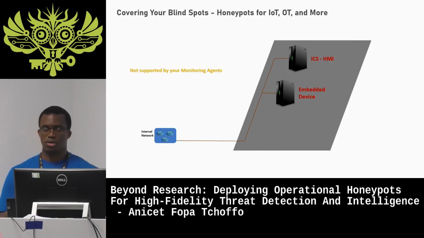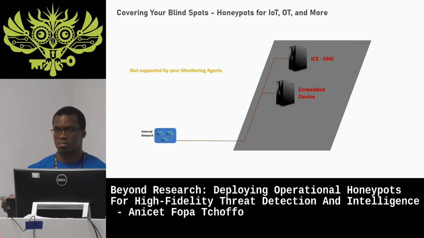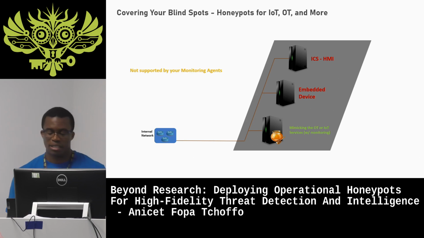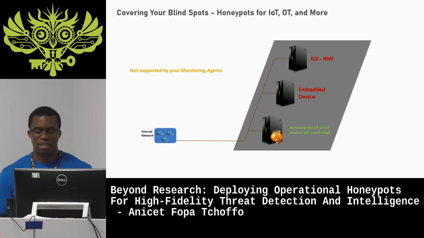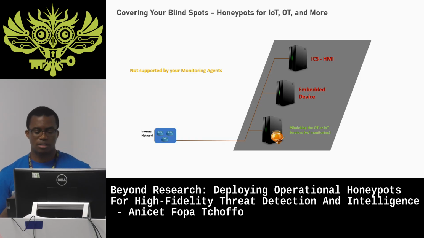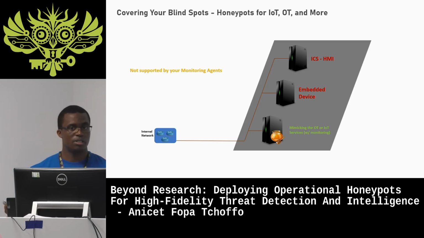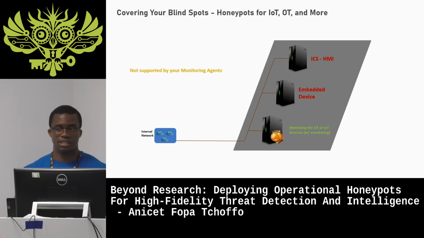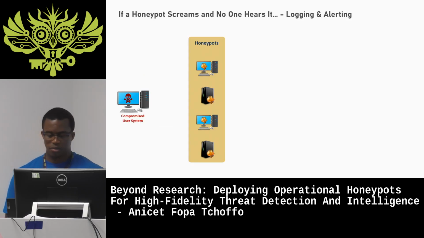You cannot just install your EDR or SIEM agent on the smart thermostat controlling your building's HVAC system. And here, honeypots offer a great opportunity to gain at least some level of visibility, because we can deploy honeypots next to those resources, mimicking the applications and services that they use. And if someone starts interacting with these embedded devices, chances are, if a honeypot is next to them, they will also interact with our honeypot, which, at least from an intrusion detection perspective, will give us an indication that someone is poking around.